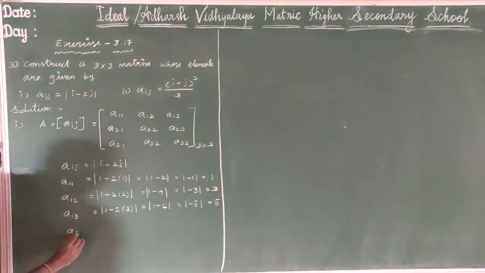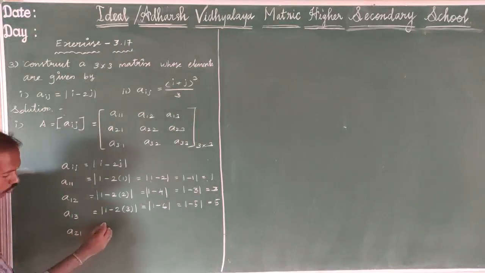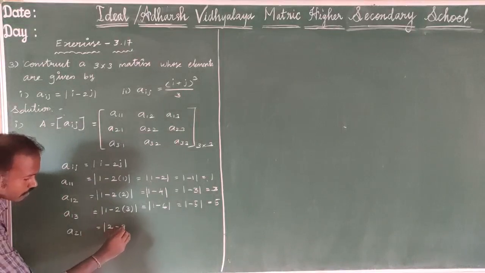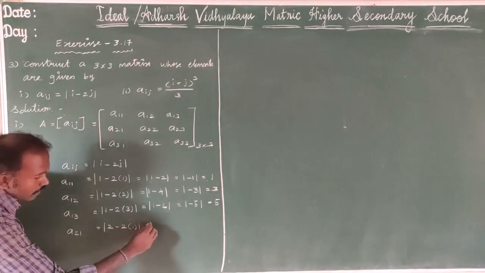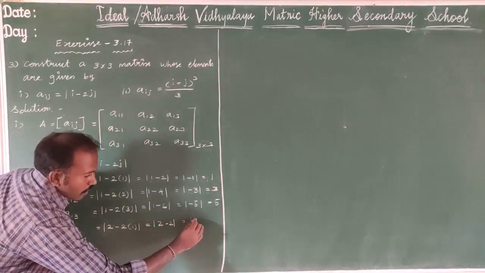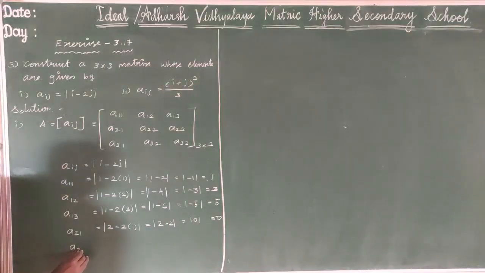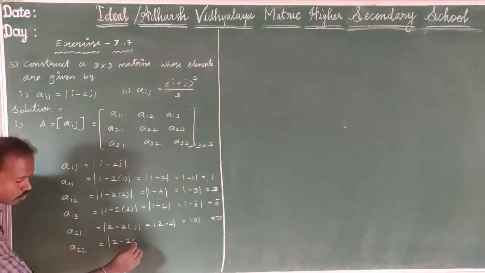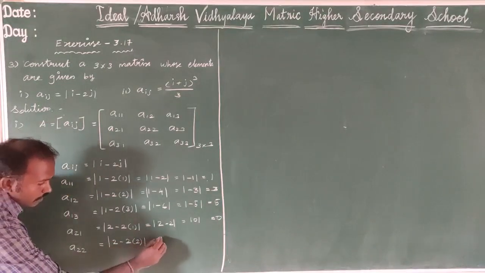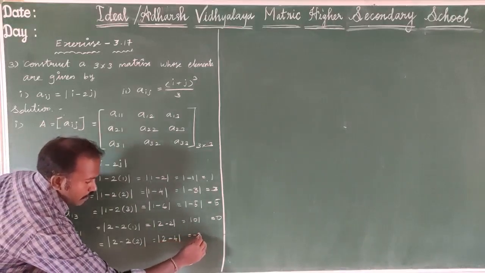Then next second row, then A21, here i is equal to 2, j is equal to 1, modulus 2 minus 2 into 1, that is equal to modulus 2 minus 2, that is equal to modulus 0 is equal to 0. Then A22, that is equal to modulus 2 minus 2 into 2, that is equal to modulus 2 minus 4, that is equal to minus 2.